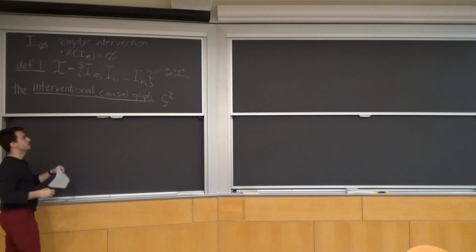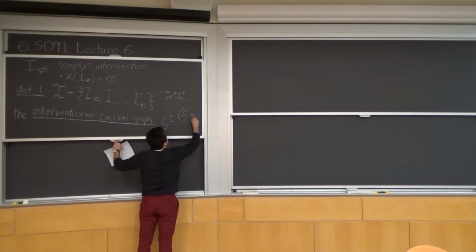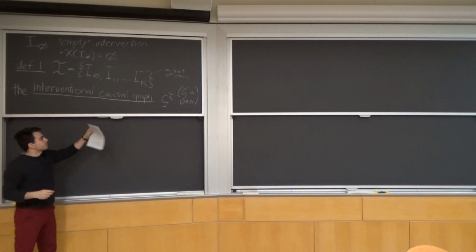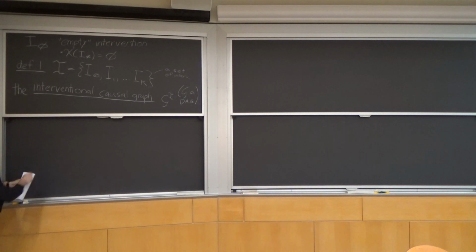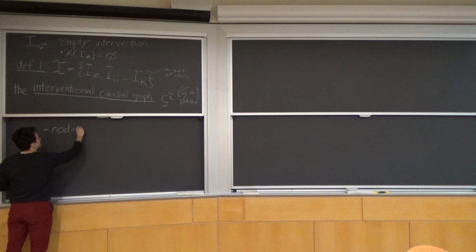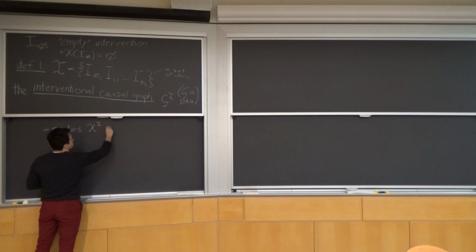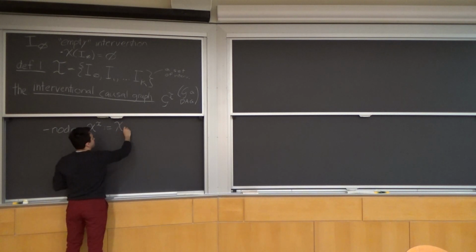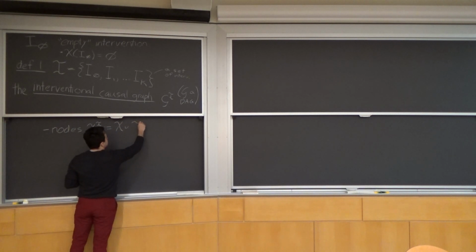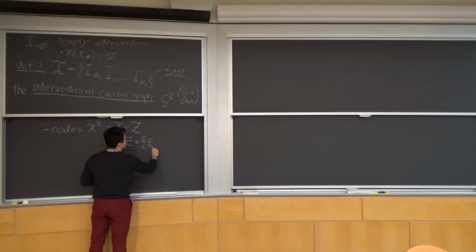And we're going to do everything in the setting of DAGs today. So let's say G is a DAG. Okay, so this interventional causal graph is going to be a graph with nodes X, calligraphic I, which is our original set of nodes, along with this set Z of intervention indicators, one for each intervention.